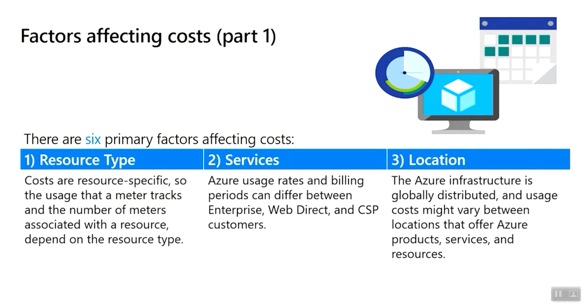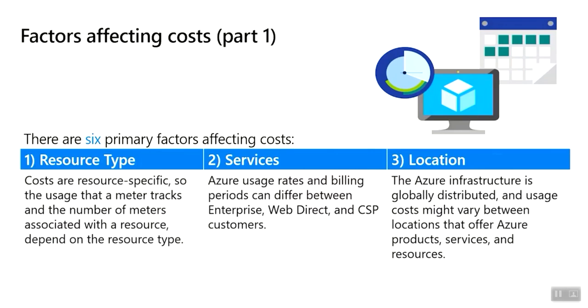You created a storage account, you created virtual networks, you created a virtual machine. Today, we created a storage account, we created a key vault. Like, there's different prices for different resources. So depending on what resource type that you select, it will have a different cost. They also have a usage meter that tracks down to the second how much that resource was used. So number 1, resource type.